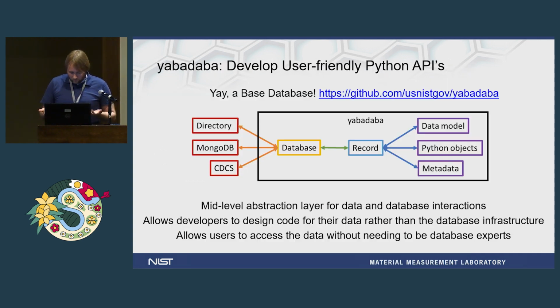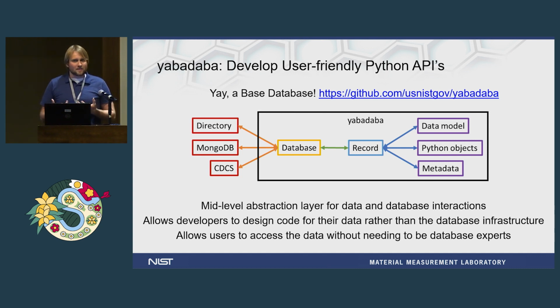Now, an interesting part about this is the framework that we designed for the potentials repository, but ideally at the end of the day, the user should not have to care what the data structure is, or what database they're interacting with. That's where the idea of the Yabba Dabba Database came from.